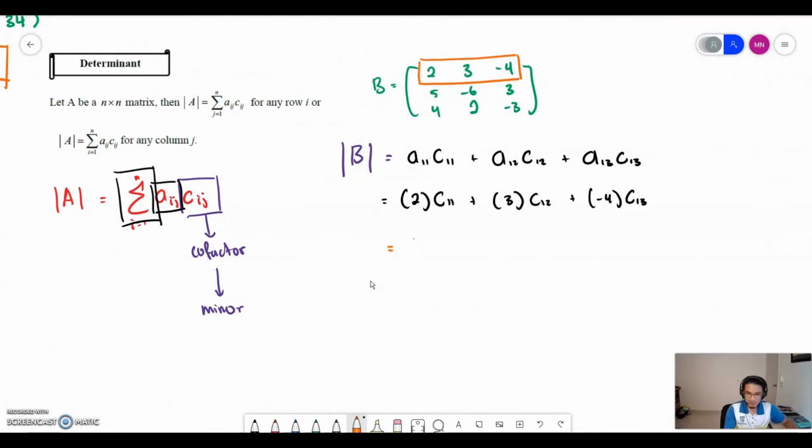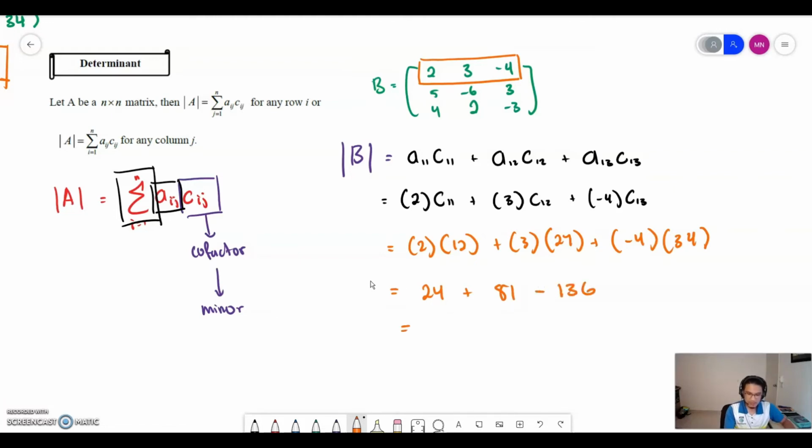So that will be 2 times 12, plus 3 times 27, plus negative 4 multiplied with 34. That will be 24 plus 81 minus 136, and the final answer will be negative 31. This is our answer for the determinant of matrix B.